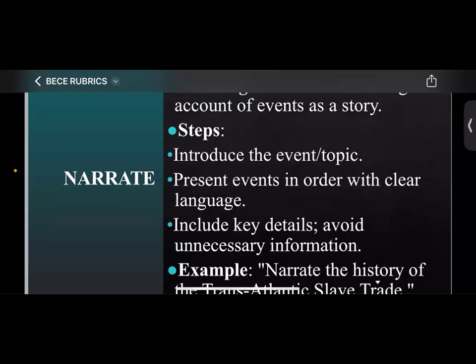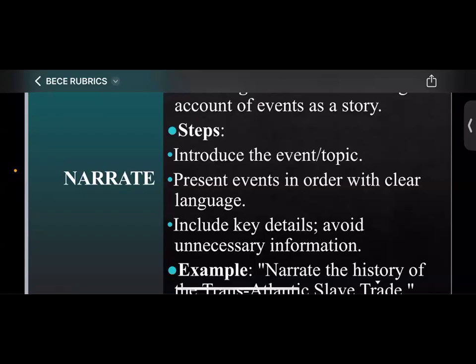Yours is to be as simple as possible and let us understand where you are coming from, and use the words in their right context. Then include key details and avoid unnecessary information. Go straight to the point, and make sure you are making meaning in every new paragraph you introduce. As you do so, link your paragraphs.